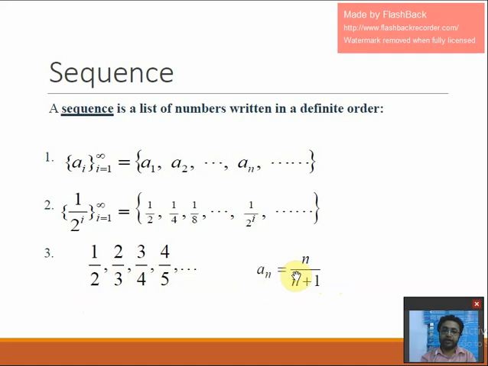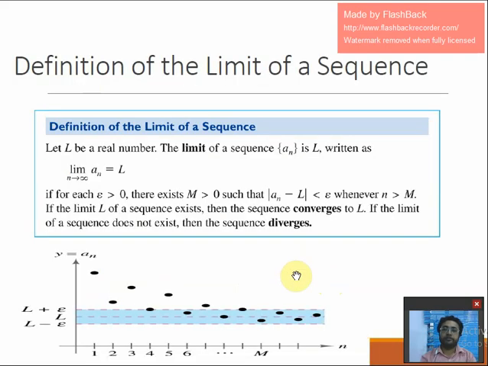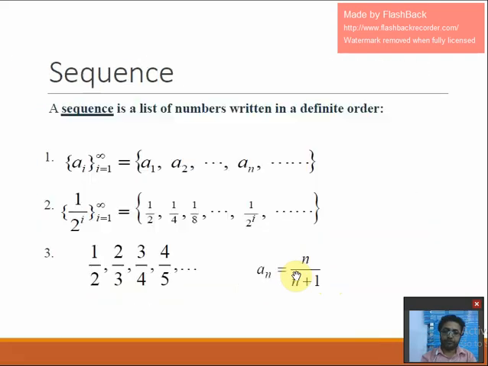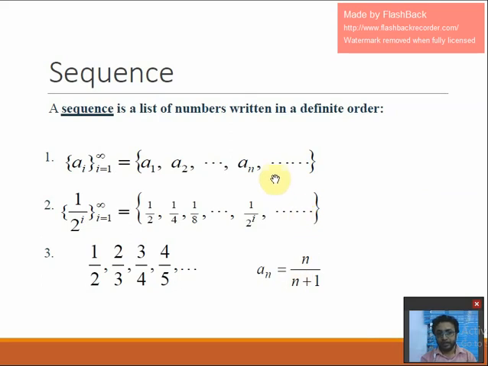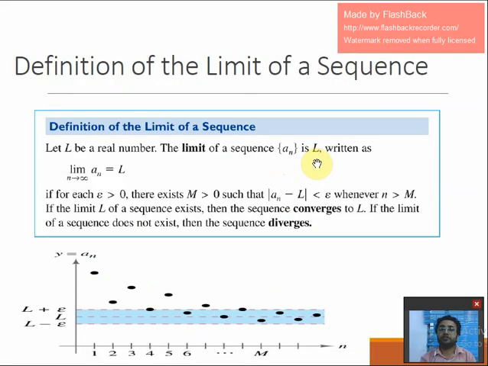Now, when we are talking about a sequence of numbers, this sequence may converge or may not converge. Convergence means what? If a sequence of numbers A1, A2, A3 up to An, and so on to infinity, tends to some unique fixed value, then we say that is the limit of the sequence.